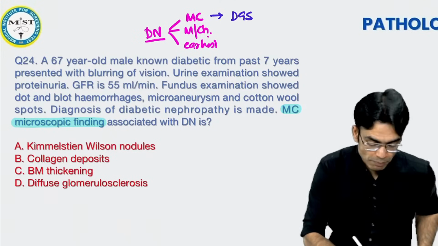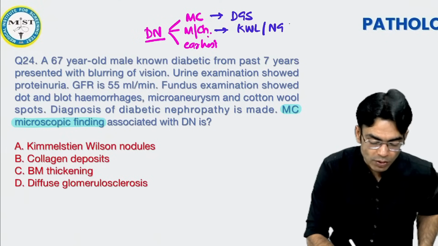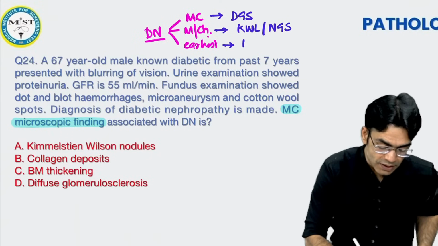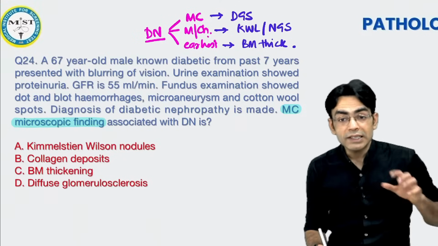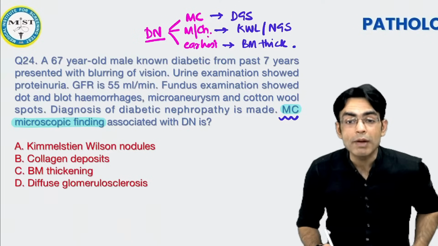Most characteristic, you are right, it is Kimmelstiel-Wilson lesion or nodular glomerulosclerosis. Whereas earliest, it is basement membrane thickening.